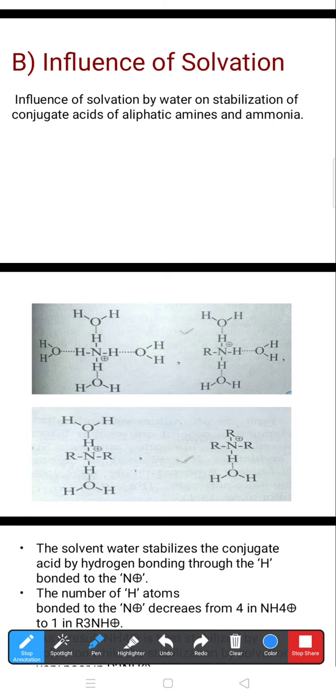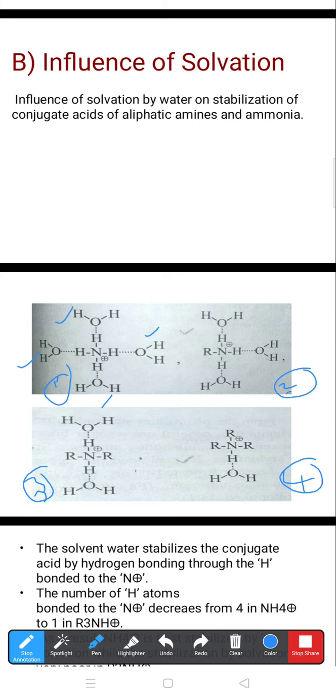This is structure number one, then this one is structure number two, then this one is structure number three, then this one is structure number four. From these four structures, we can observe that the central ammonium ion NH4 plus is bonded to this water molecule, this water molecule, this water molecule, and this water molecule.